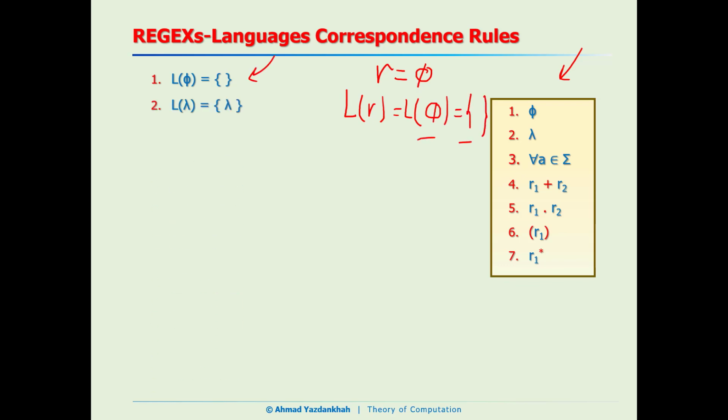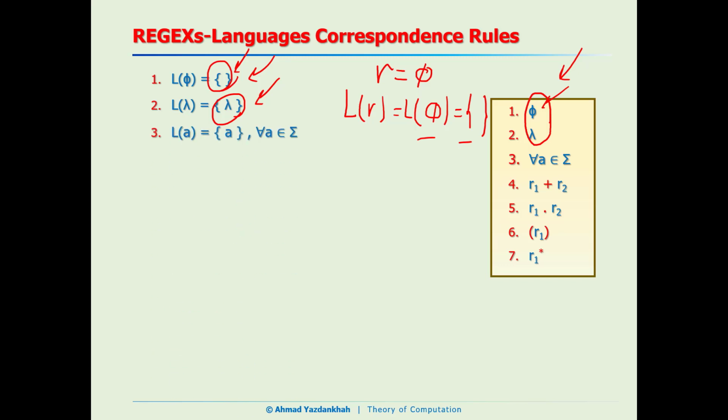How about lambda? The same thing applies here. I need to mention that we use these two symbols to represent these two languages. It means that if we didn't have phi and lambda, these two languages couldn't be represented by regexes.